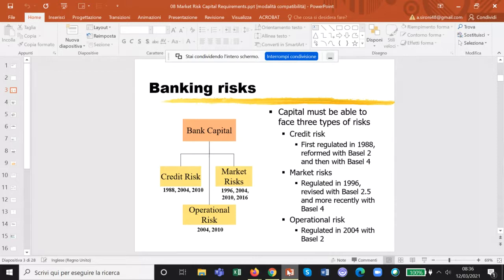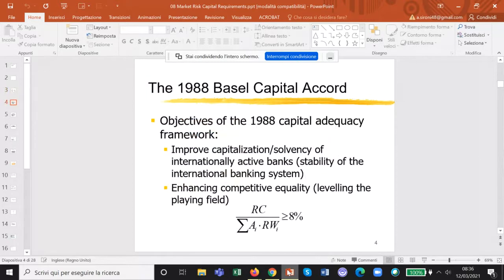And finally, there are also capital requirements for operational risks that were originally introduced with Basel II in 2004 and have been revised after the great financial crisis with Basel III.